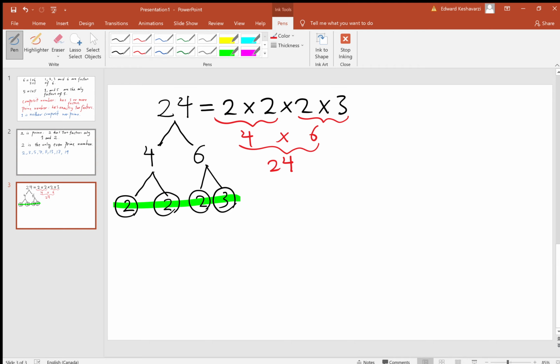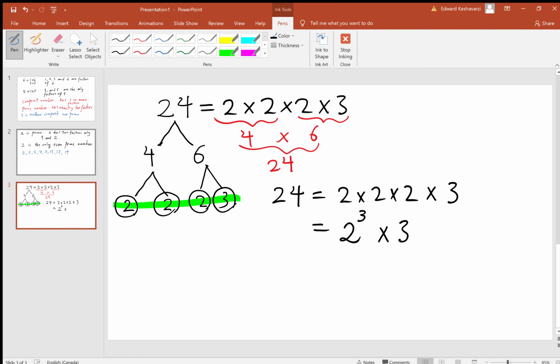So we have another representation. We just said that 24 can be written as 2 times 2 times 2 times 3. There are 3 2's that we can put together and use the exponents to express this as 2 to the power of 3 times 3.